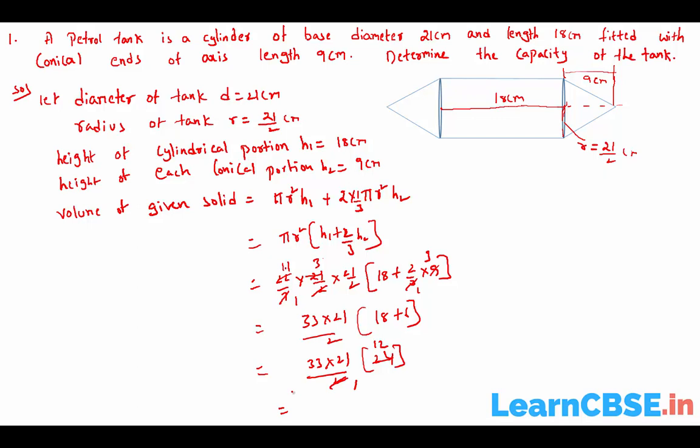On multiplication we get 8316 centimeter cube. This is the capacity of the petrol tank.